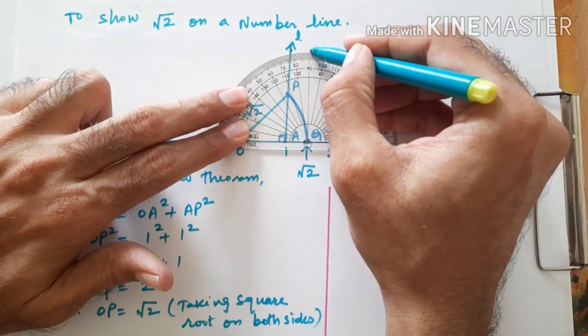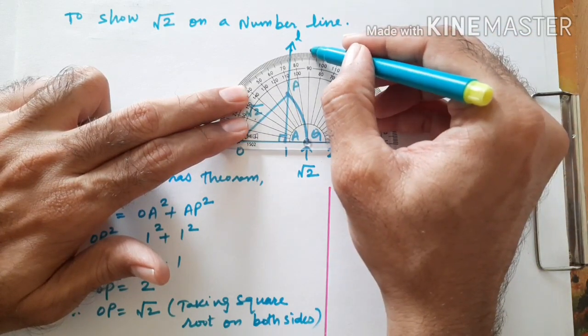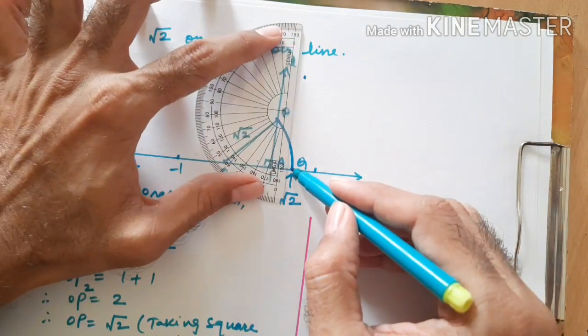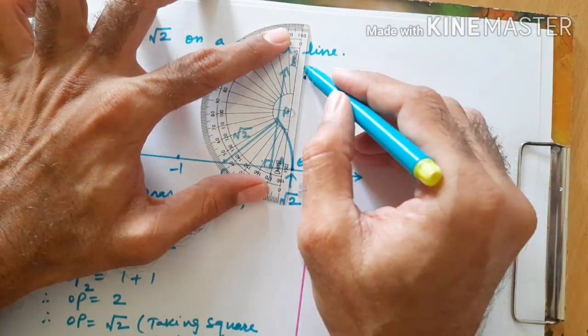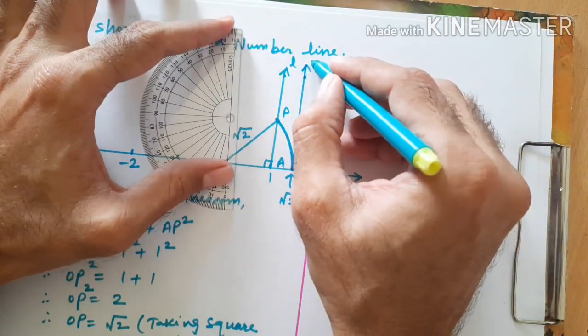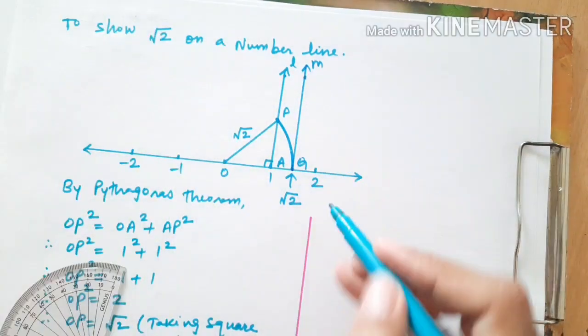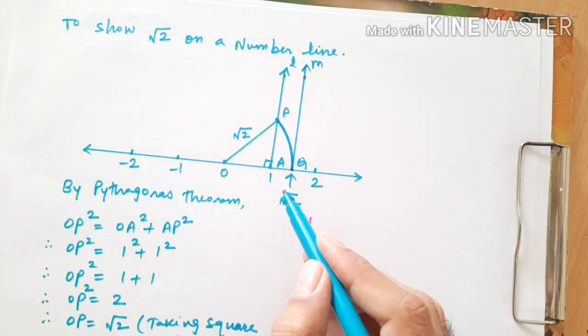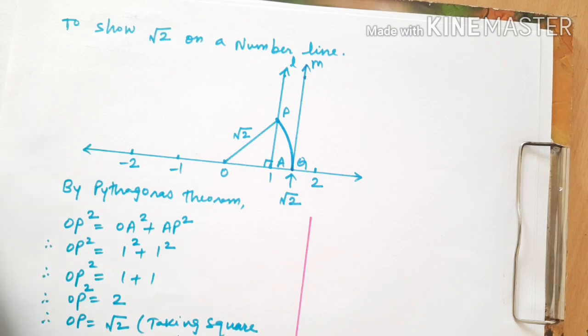For that mark a point here. Now this is ray M, which is perpendicular at point Q. Now what we will do, we will again take on this perpendicular ray M a distance which is equal to 1 unit.